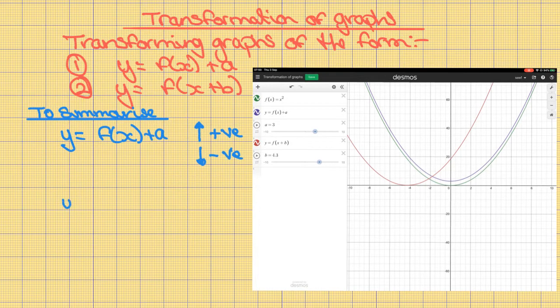And graphs of the form y equals f of x plus b, the b moves it left and right. If b is negative, it goes to the right. If b is positive, it goes to the left.